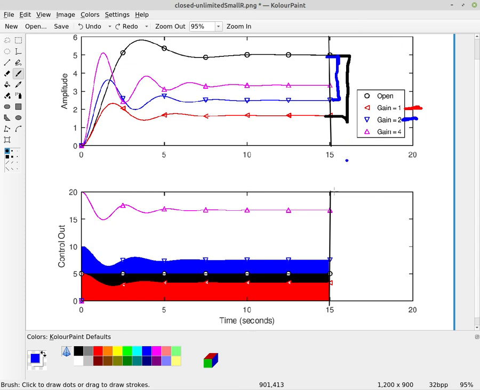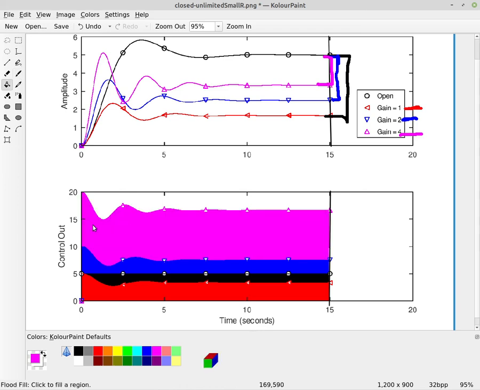And then finally, if we go to a gain of 4, again the system is responding extremely fast. We're getting even more oscillation. We do have less steady state error, but we're using way more energy than is even available.